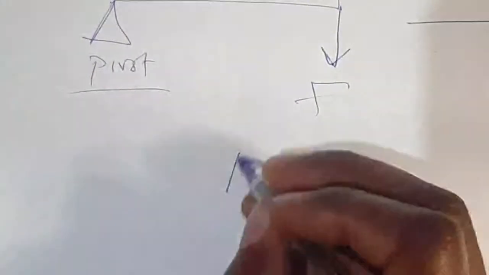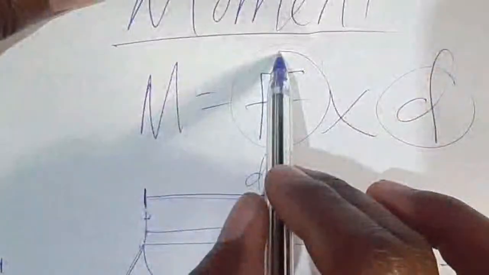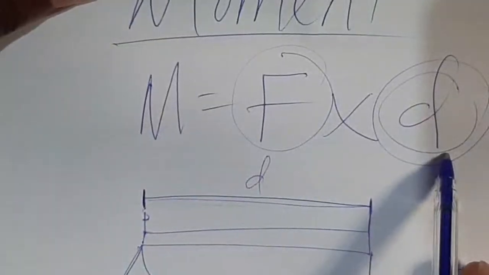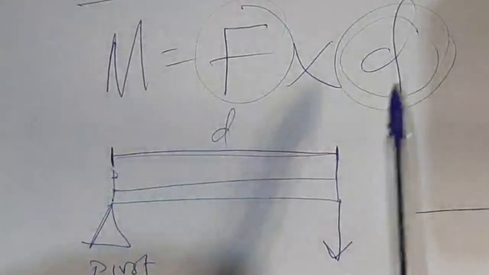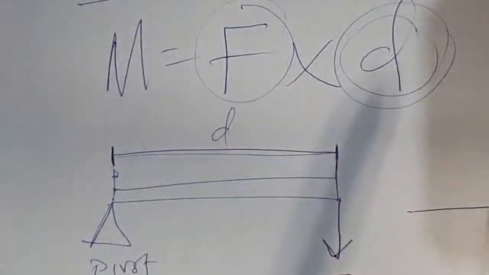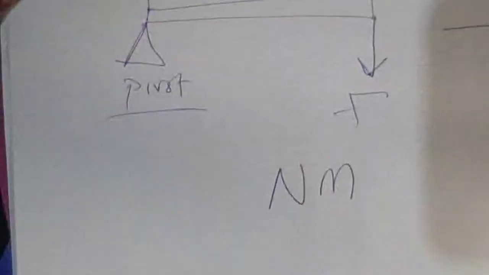The unit for moment is just Newton meter: the Newton for a force and the meter for distance, meaning distance should always be in meters. But it is not all the time that we're going to be converting our distance into meters. You will see on the questions the way we're going to handle it. It depends.